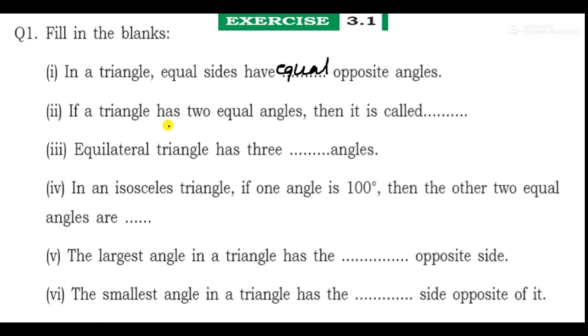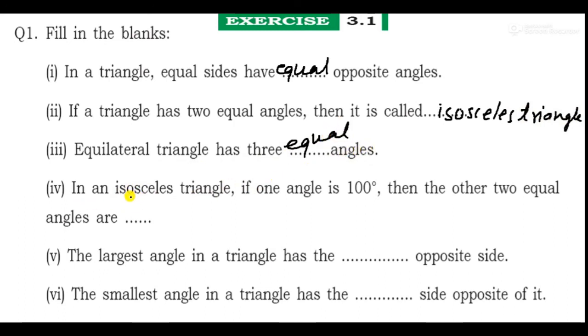Now second question, if a triangle has two equal angles, then it is called an isosceles triangle. Equilateral triangle has three equal angles. So you can write here equal angles.